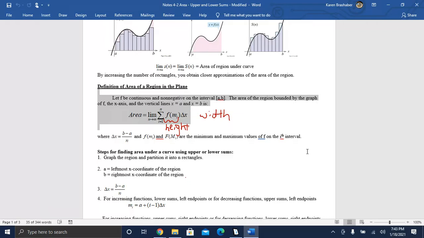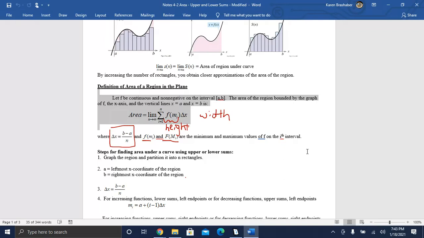So I have some guidelines for us. The delta x is b minus a over n, and these two values, f of m_i and capital F of M_i, are minimums and maximums of the function. Again, stick with me while I explain those in a diagram in just a little bit.